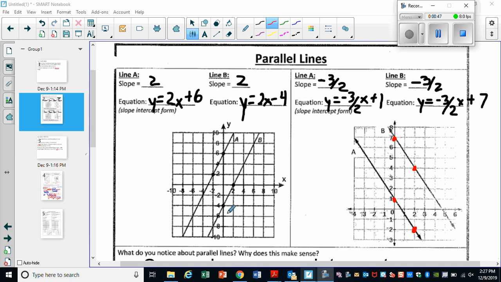For line B, again, up 2, right 1, slope is 2, and your equation is y equals 2x minus 4. Make that 2 a little better, because the y-intercept is at -4, and we get this linear equation.